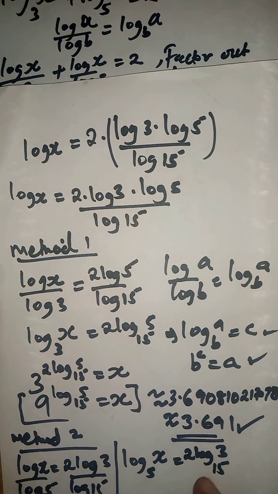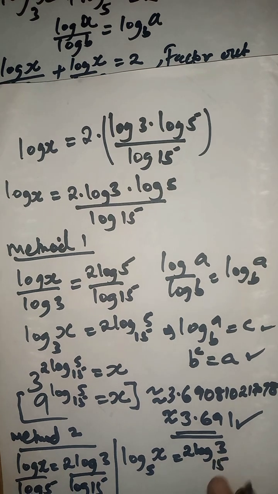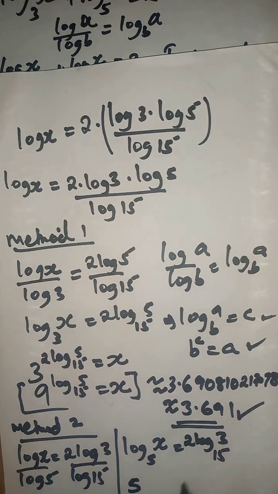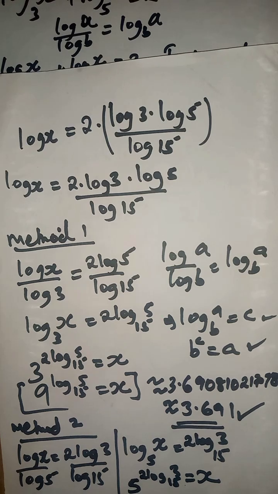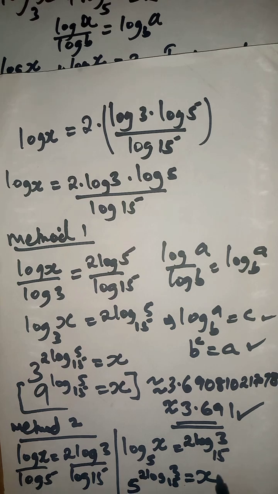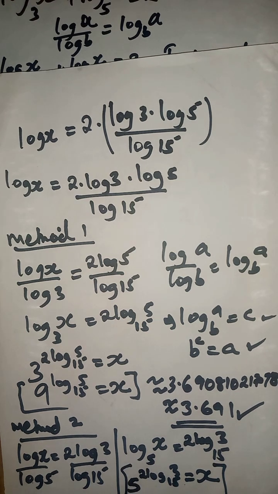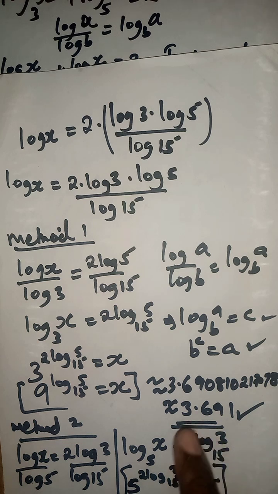Changing this from log notation to index notation, I'm going to get 5 to the power of 2 to the log of 3 base 15 should be equal to x as our second required value, that is giving us the same answer as the first one.